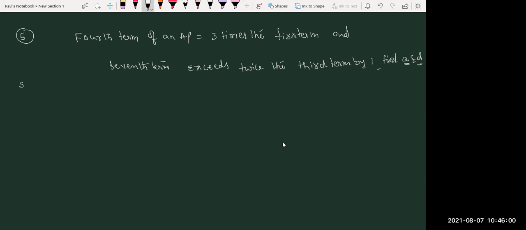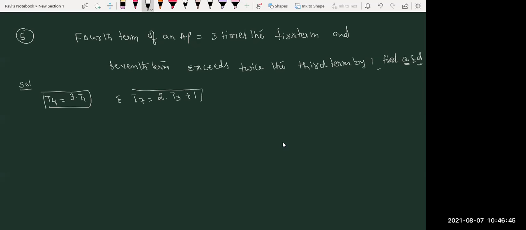I will give 2 minutes. Anyone in the class, tell me the conditions first. T4 equals 3 times T1, so A plus 3D equals 3A. Next condition: T7 equals 2 times T3 plus 1, so A plus 6D equals 2 into (A plus 2D) plus 1.